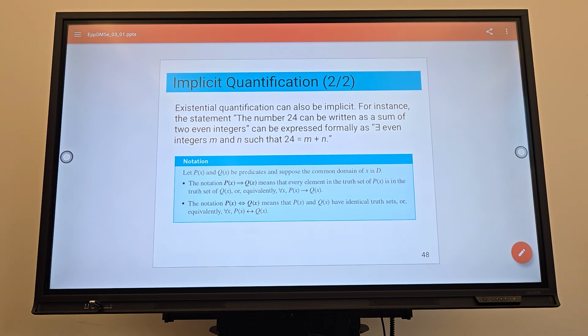The notation with a double-ended, double-lined arrow between P of x and Q of x means that P and Q have identical truth sets, or equivalently, for all x, P of x is biconditionally related to Q of x.